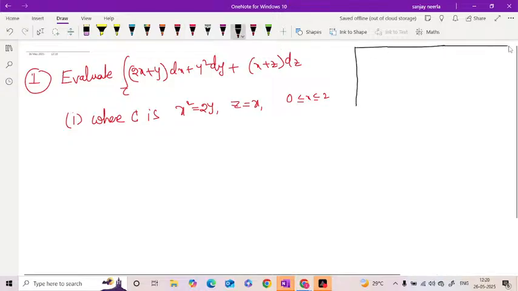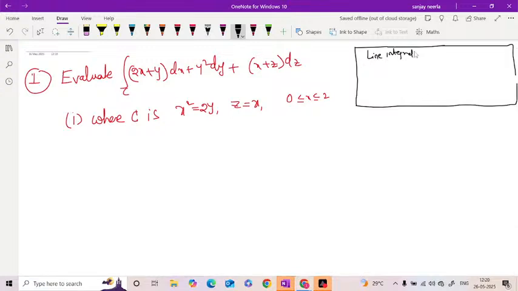And this same problem they will give like this also. How? They will write the same problem as a line integral of a vector field. We can convert. How?